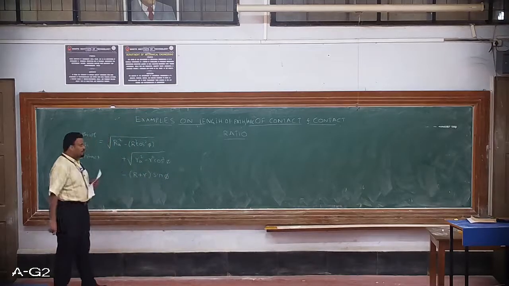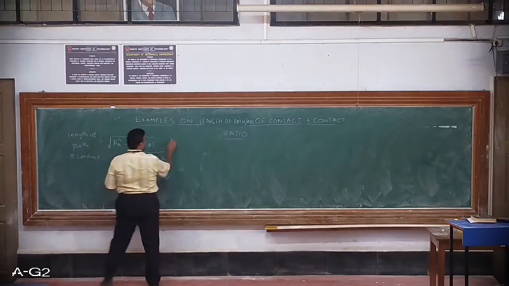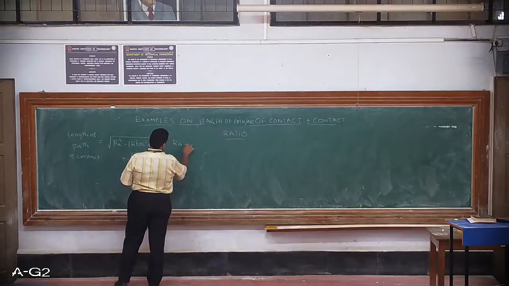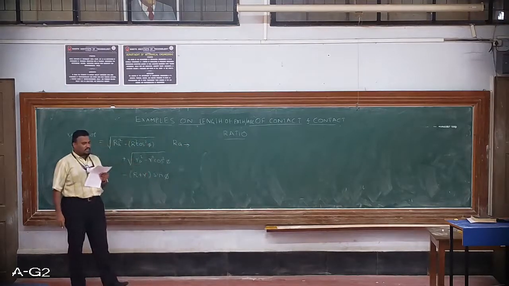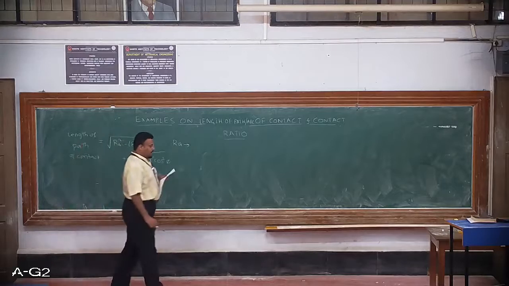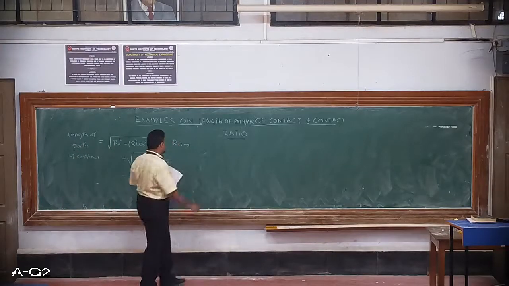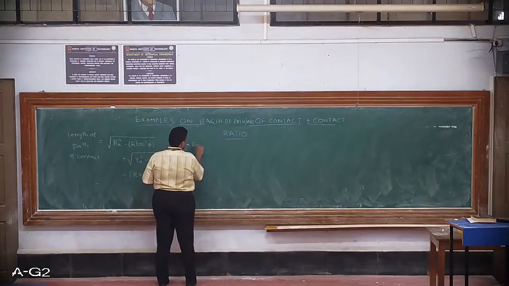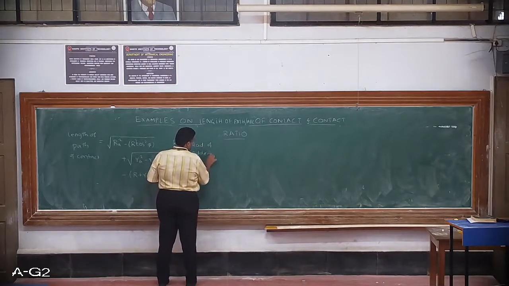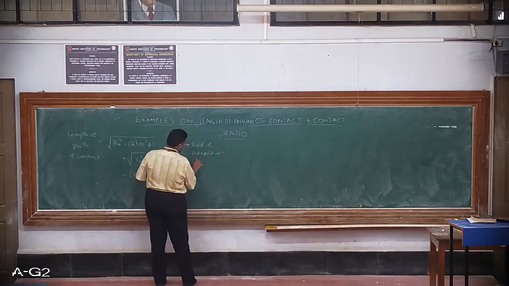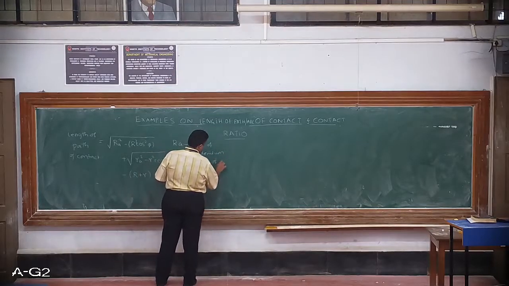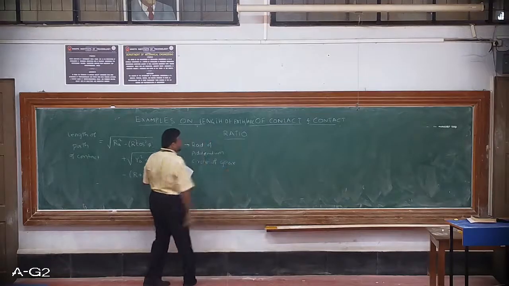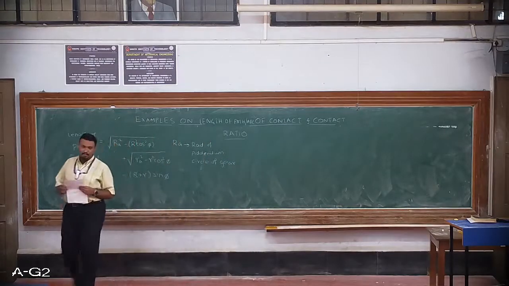So here capital RA corresponds to the radius of addendum circle of gear. So just note this down.